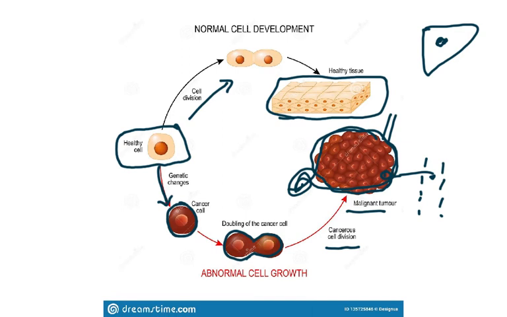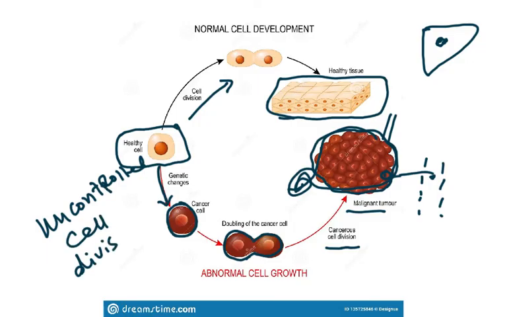Cancers are uncontrolled cell division. So, uncontrolled mitosis. Mitosis must be done within a certain time frame. Like your skin cells divide every few weeks, your intestinal epithelium divides and is replaced. But if it's uncontrolled cell division, then it's going to result in a mass of cells which is called a tumor.